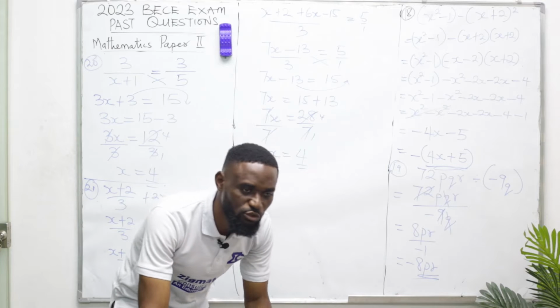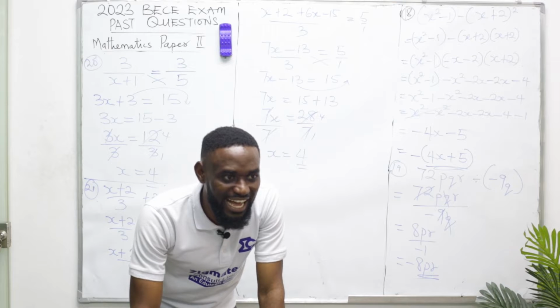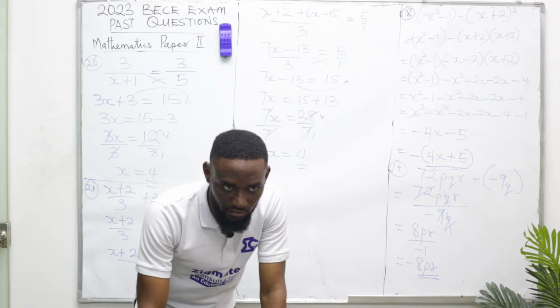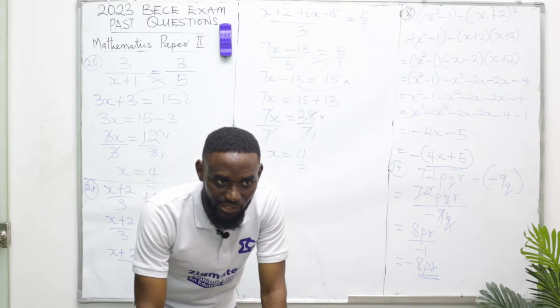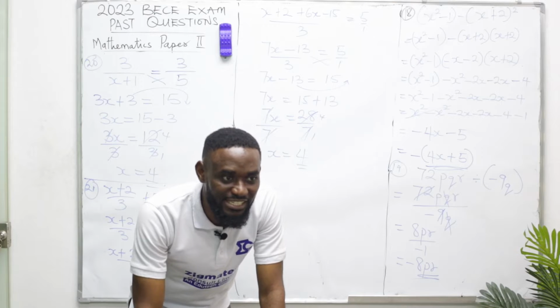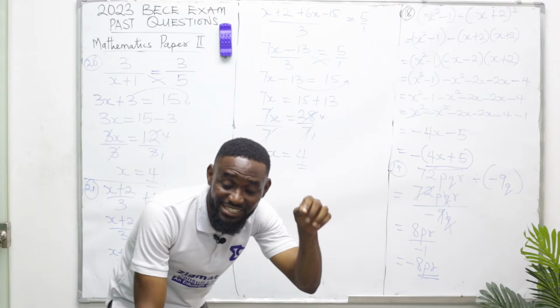So we also need to know Ade's age. So Ade's age is 56 years more. We don't know the father's age, that is Ade.